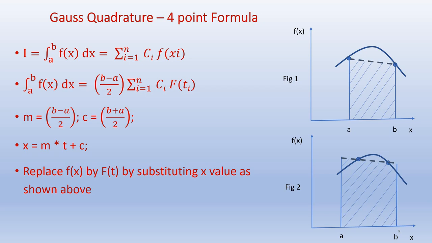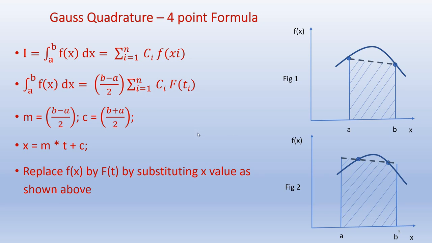This is because if you look at either side of the curve, the area below the dotted straight line and above the curve on either side cancels out the area between the dotted straight line and above the curve in the center. So this is the Gauss Quadrature strategy.